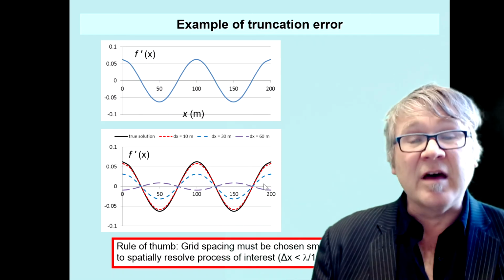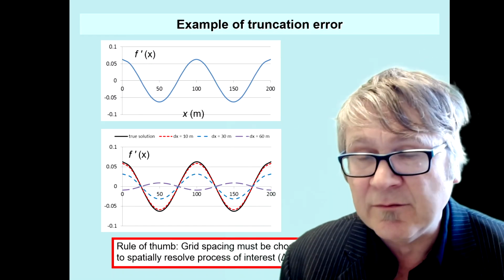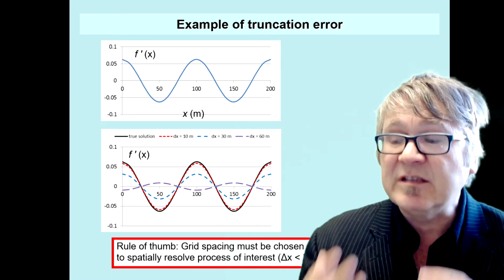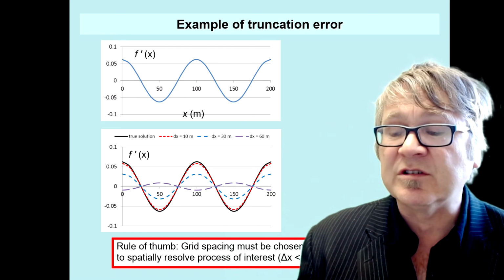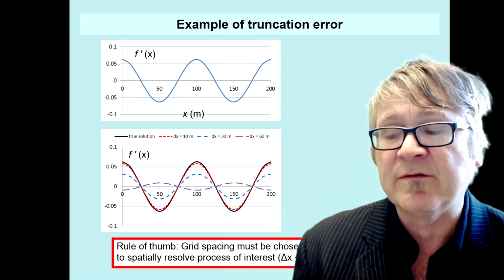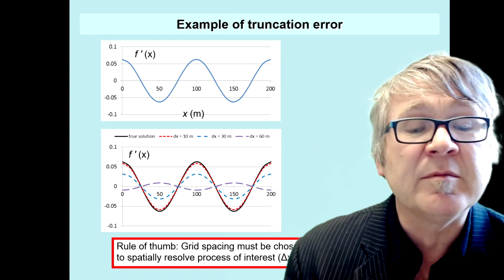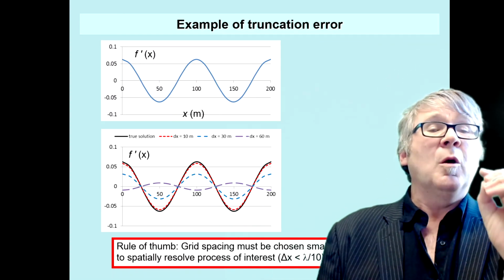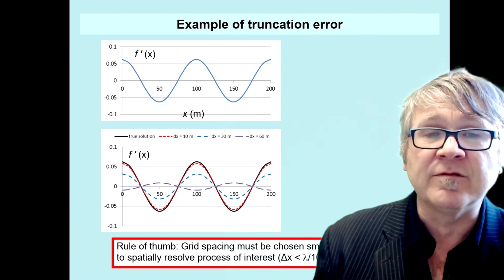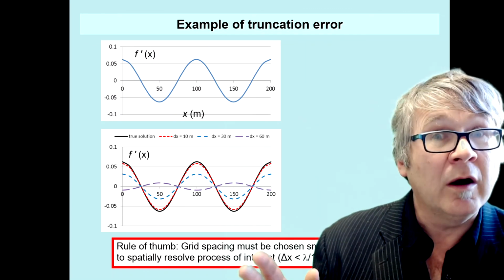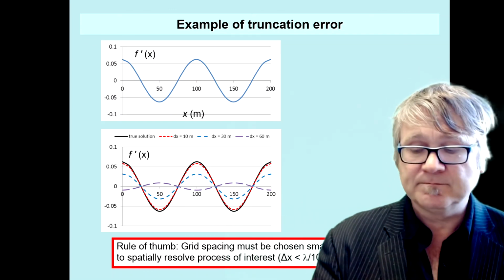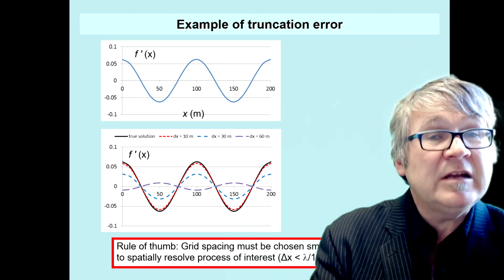So the rule of thumb from this consideration is that the grid spacing must be chosen small enough to spatially resolve the process of interest. And the rule of thumb is that the grid spacing should be 1/10 of the wavelength of a field, or better if you can. So this is a rule of thumb. It's really important.